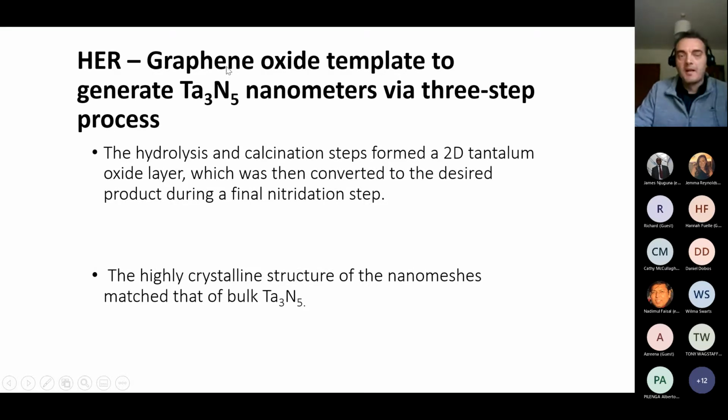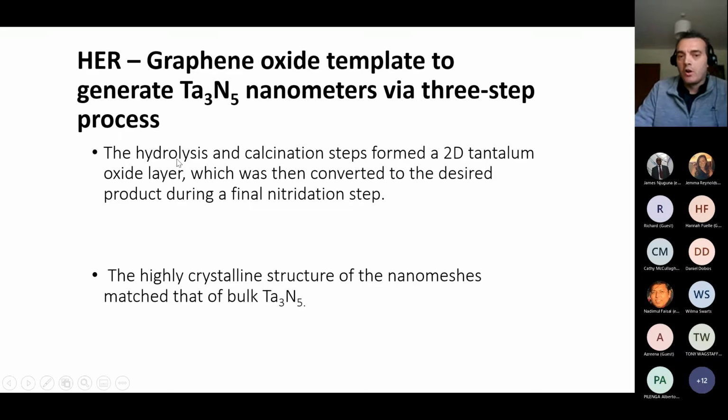The other one we're going to mention today is another type of material, but again with a graphene oxide template, and this is a tantalum and nitrogen system, at the nanometer scale again. So again, we go into the nano size aspect. As I said, this is a special property that lets the catalyst become a better catalyst at the nano size.